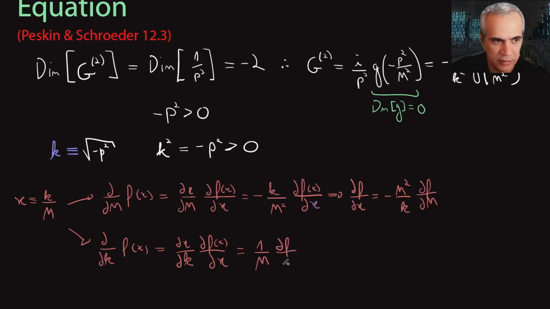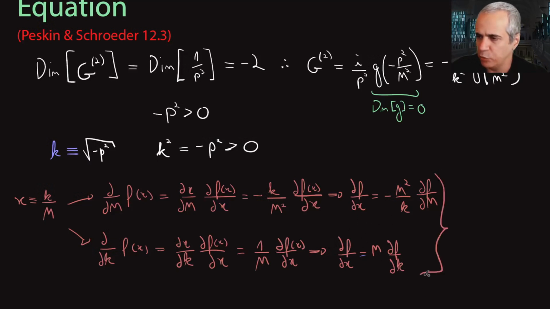Del f del x of x, which now I can invert and rewrite as del f del x equal m del f del k. And now I can equate these two expressions, I can put them together and get what I wanted, which is that the derivative in m is the same as minus k over m, the derivative in k.